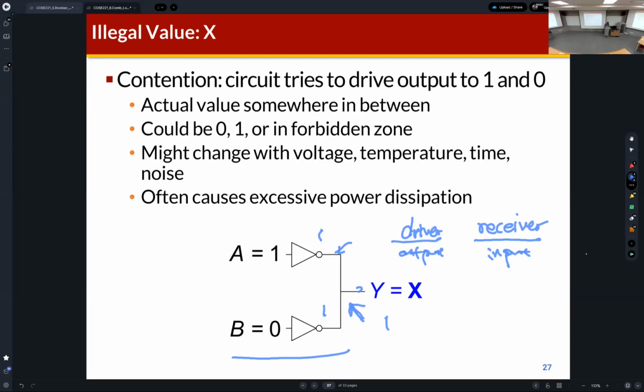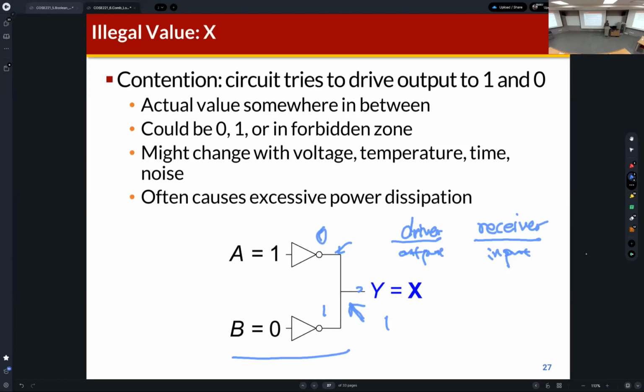But the other input is 0, so this output becomes 0. Then we don't know which voltage level is set for this wire, because this is 0 and this is 1. So this is an incorrect circuit.